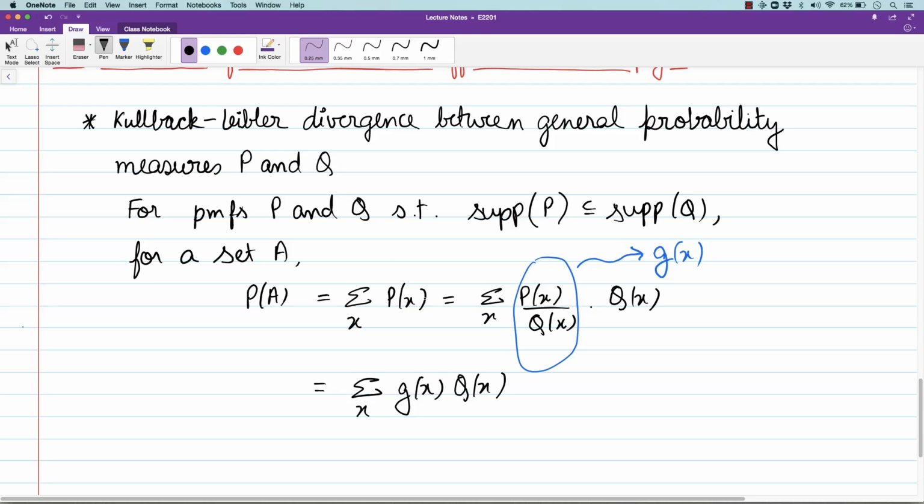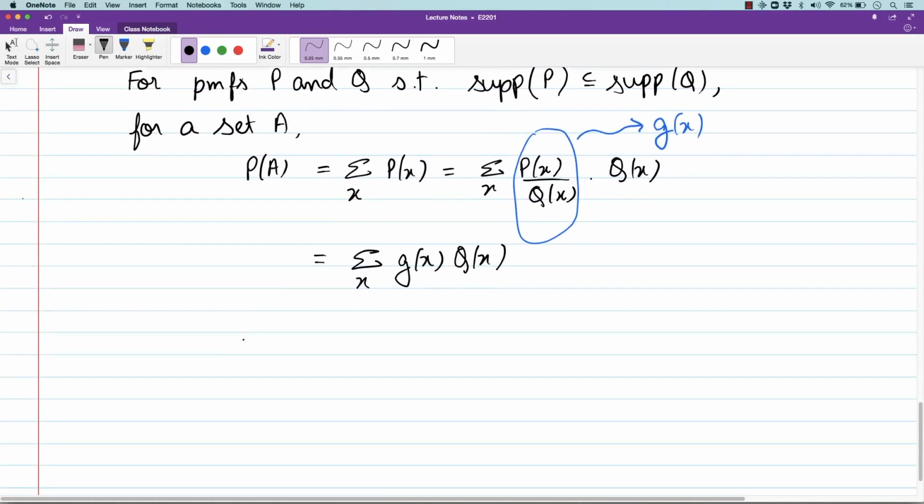Therefore, if you want to convert the probability over P to a computation over Q, you have to multiply with this function g(x).